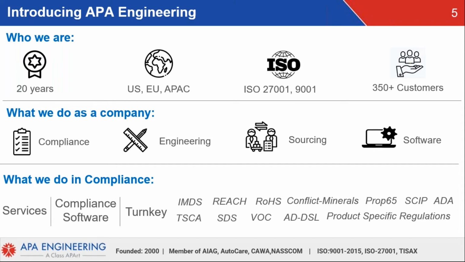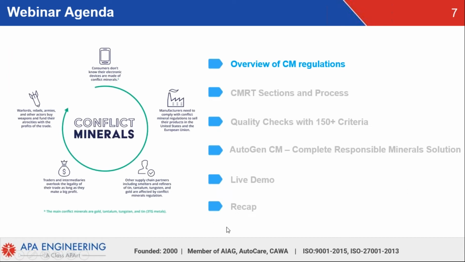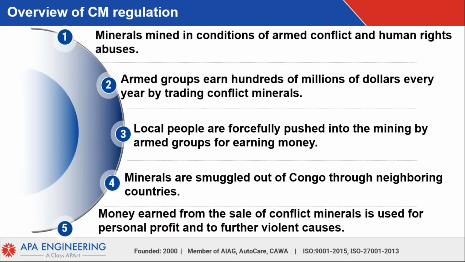All right, let's dive into an overview of conflict mineral regulations. First, there's a reason behind the conflict mineral regulations and why they came about to begin with. Some minerals are mined in certain conditions where there is extreme conflict and human rights abuses.